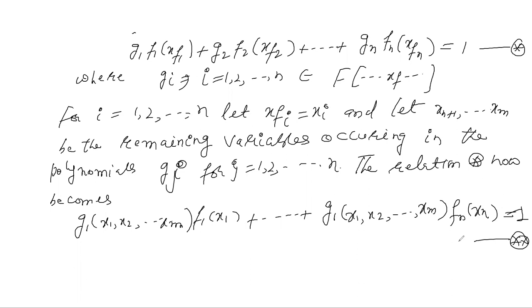Now these polynomials: by our previous theorem, f1(x1) is a polynomial in x1, and so on up to fn(xn). These are polynomials over F. So there exist extension fields containing the roots of these polynomials f1 up to fn.